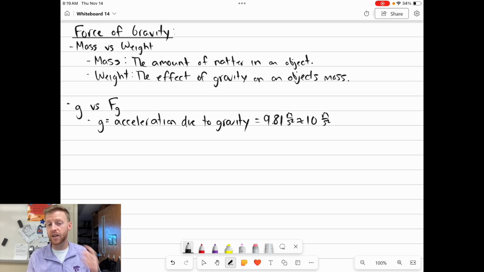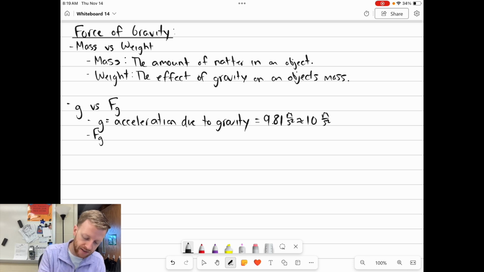Now, the reason that we need to differentiate is because everything has the same acceleration due to gravity on Earth. Everything falls at 9.81 meters per second squared. However, everything does not experience the same force of gravity, which is also known as weight. So Fg is weight, and it is not the same.